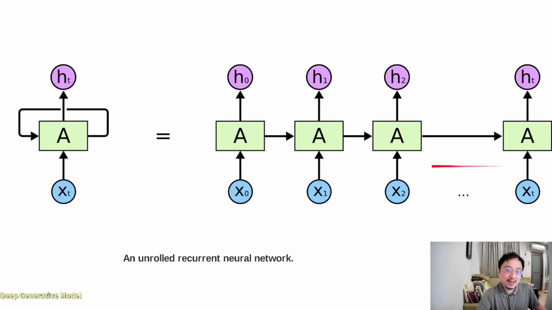By viewing this as a huge network, the first special thing is that it shares the weight. Each layer has identical structure and identical weight. The other thing is that it doesn't feed the input to the first layer.